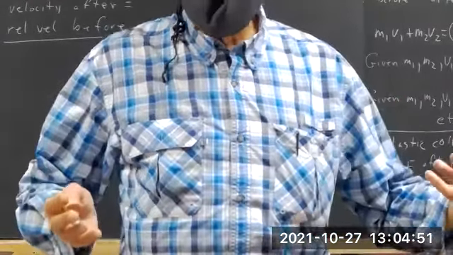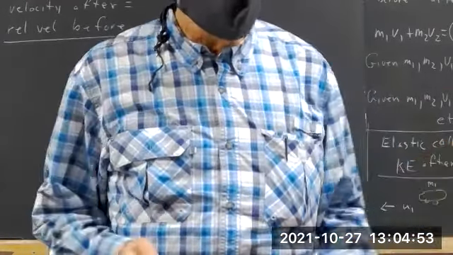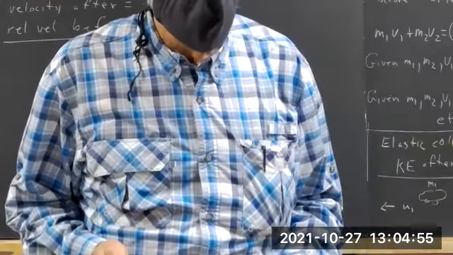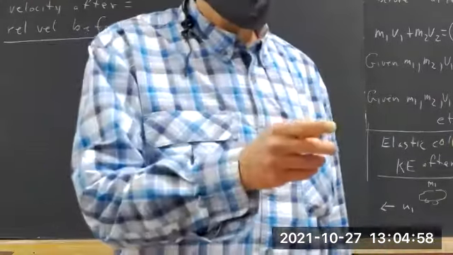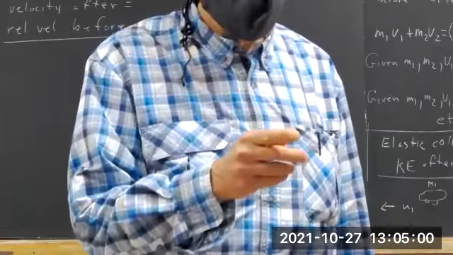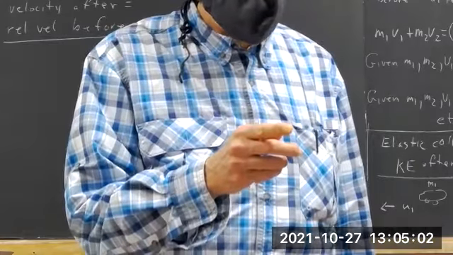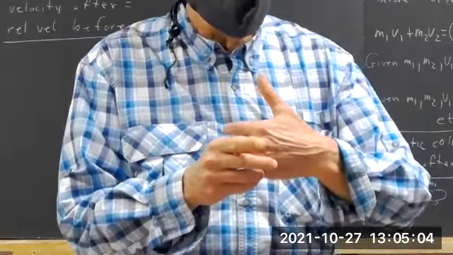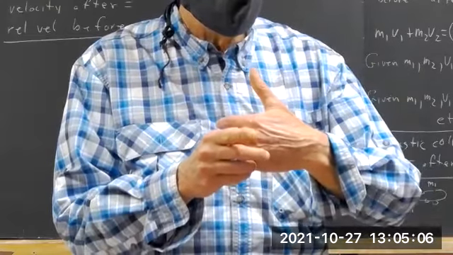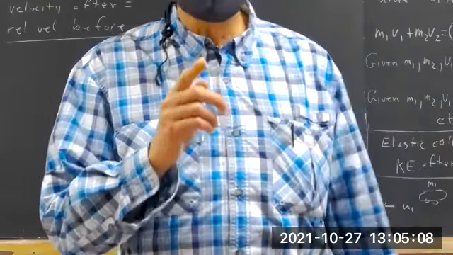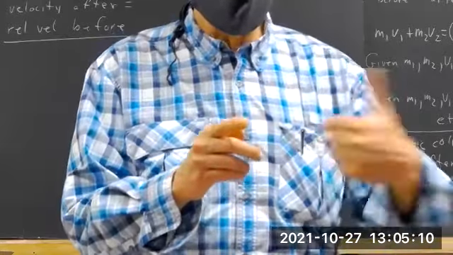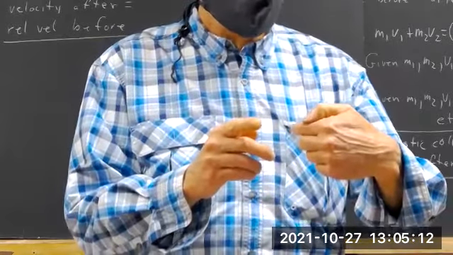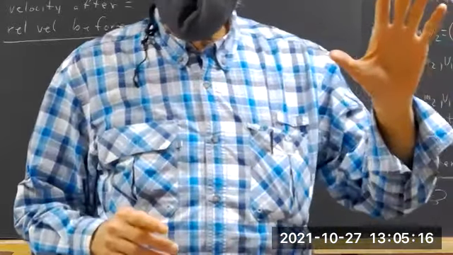What arithmetic do you do to get the relative velocity? You take my velocity, 2 meters per second, and subtract your velocity. Well, first, my velocity is 2 meters per second. Yours is negative 3 meters per second. What do you get? You get plus 5.